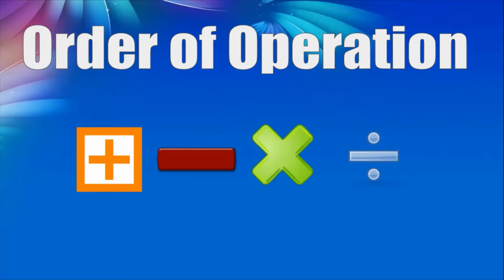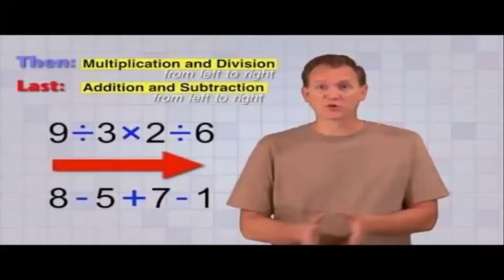Okay? It's because in math, we cannot have different answers. So this rule is made so that we will arrive at one answer. That's why we have what we call the order of operations.